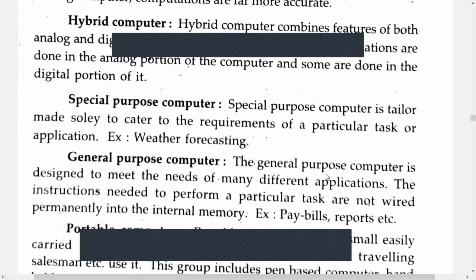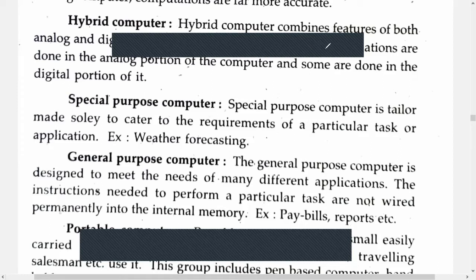General purpose computer. The general purpose computer is designed to meet the needs of many different applications. For example, day-to-day uses, as we discussed, supermarkets, shopping malls, in any way, these are very day-to-day life. These special purpose ones are for specialized tasks.